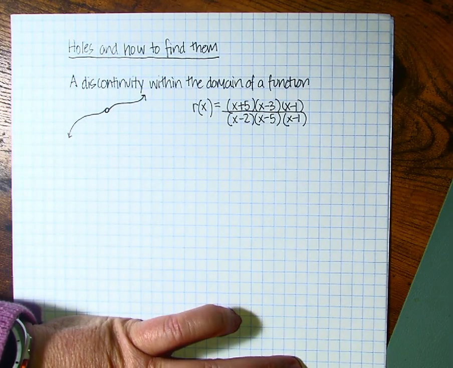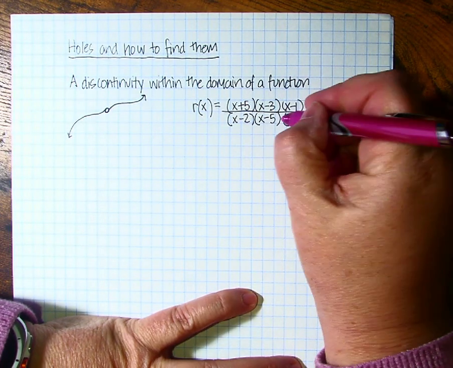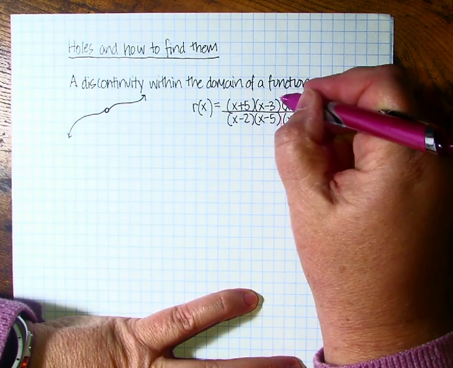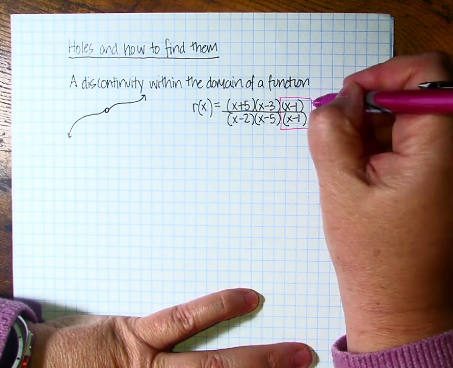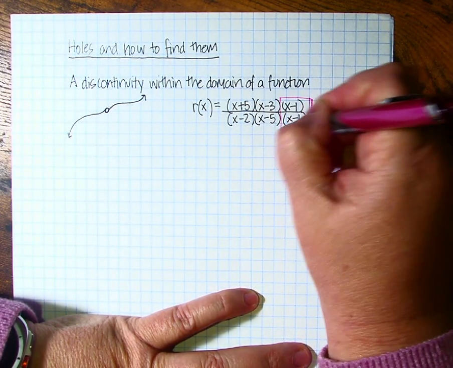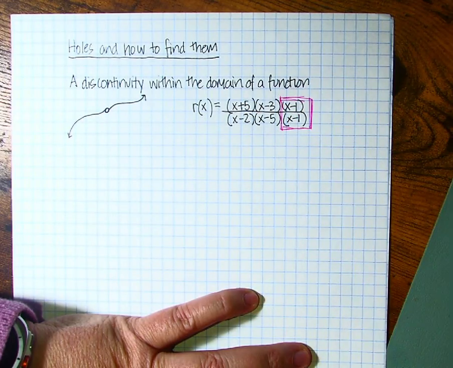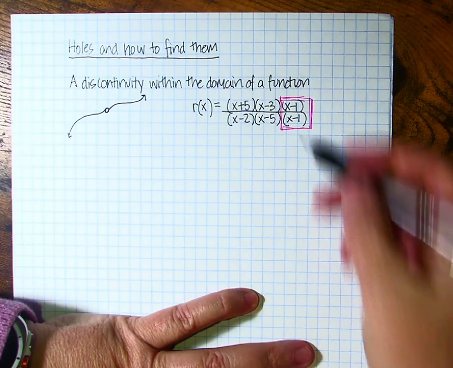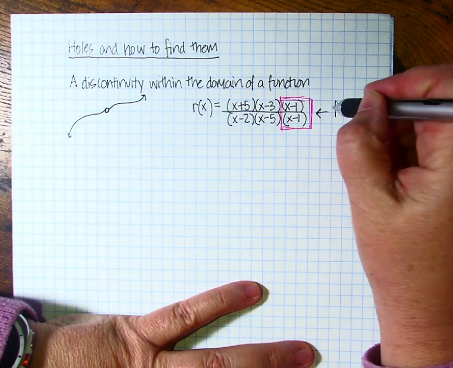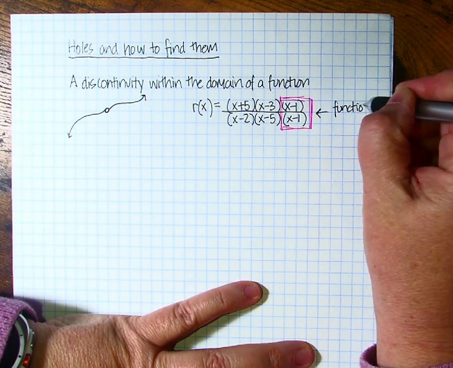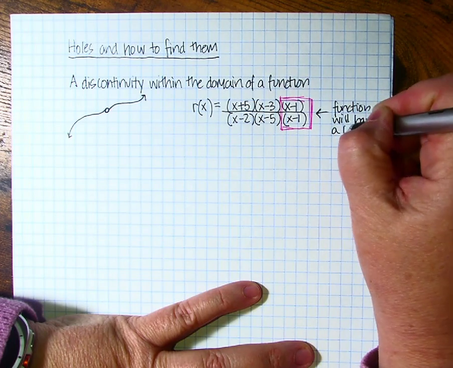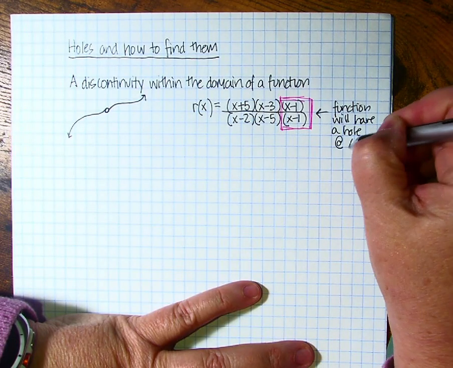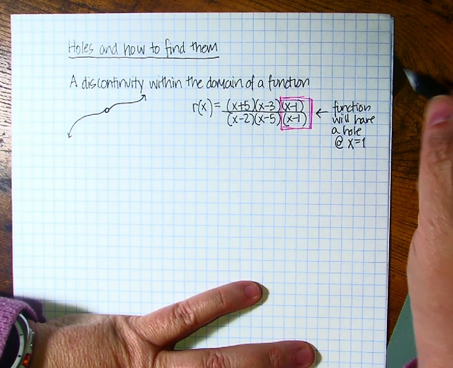So you'll notice that in the factored form, there comes a factor that can be canceled. This factor that can be canceled out indicates that your function will have a hole. It will have a hole at x equal to 1.